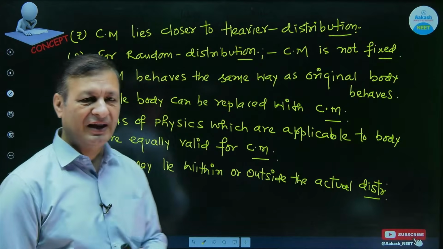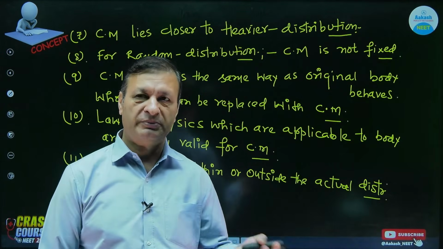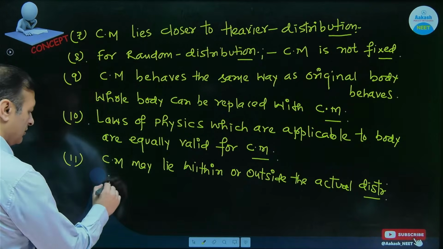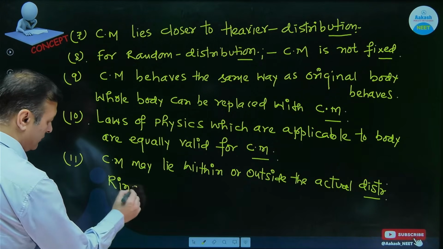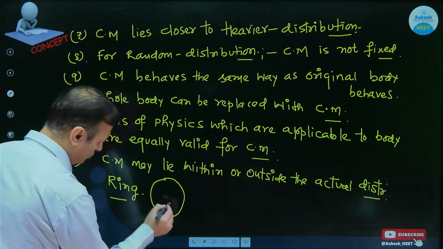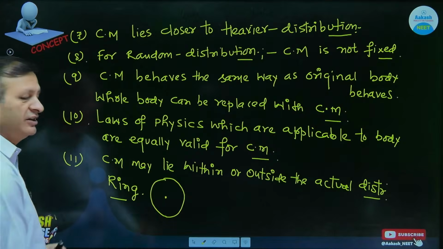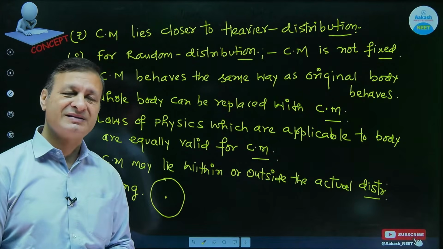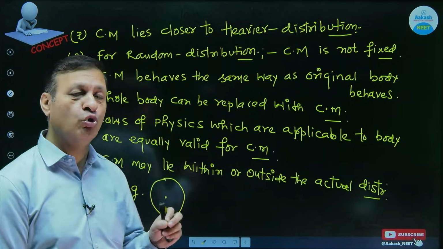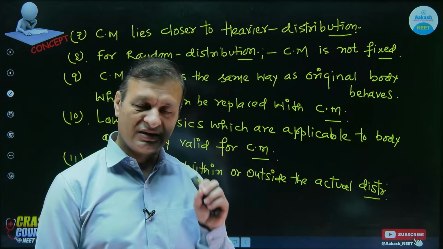The best example is a ring, where mass is uniformly distributed over its circumference, but its center of mass is at the center of the ring, and at the center of the ring there is no actual mass lying.